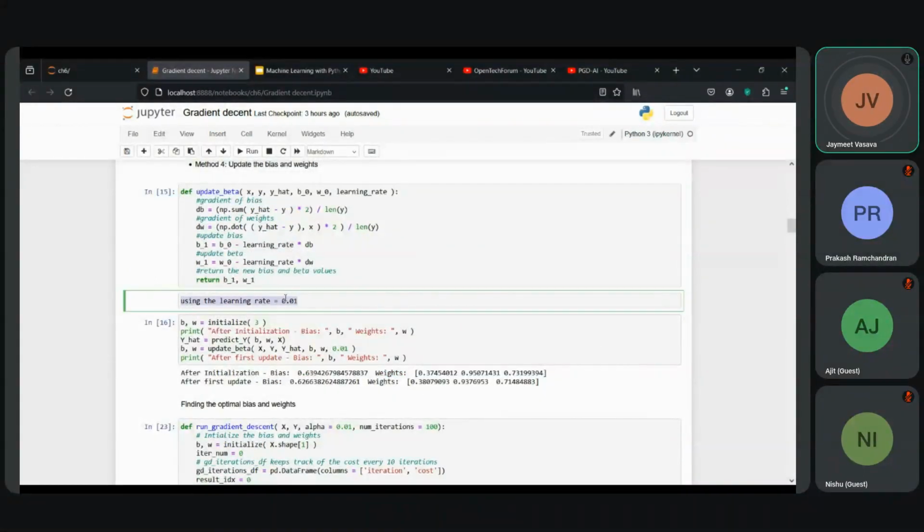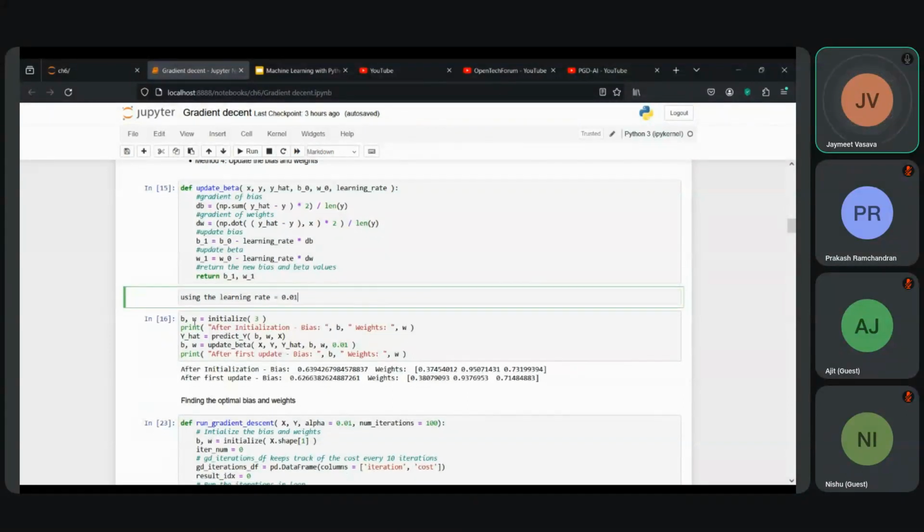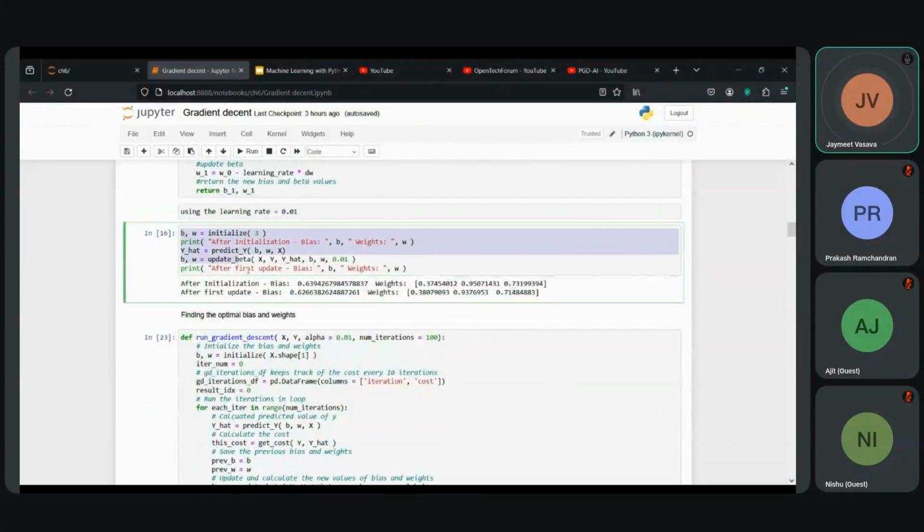So using the learning rate of 0.01, we initialize the value with the current bias and weight, and updated the value of bias and weight after. And this is what the initialized or the previous bias and weight values, and these are the values after the updation.